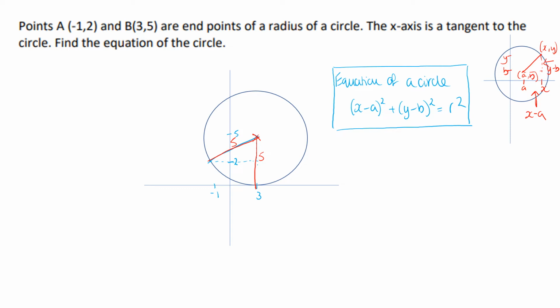So just put those two lengths into Pythagoras' theorem, because the radius is going to be r. So that's how we get the equation of the circle.